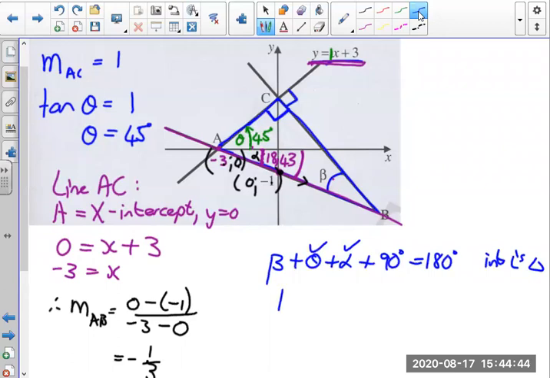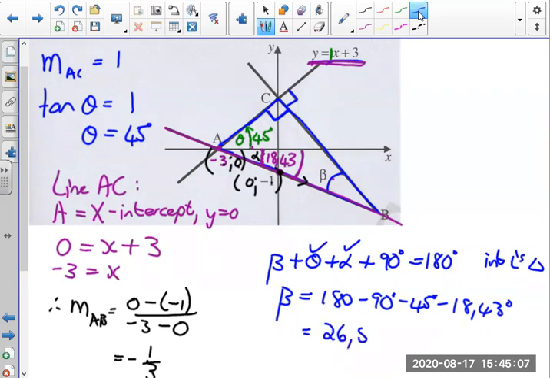So now I can calculate beta by saying 180 minus 90 minus theta, which is 45, minus alpha, which is 18,43. If you calculate that, you get an answer of 26,57 degrees.